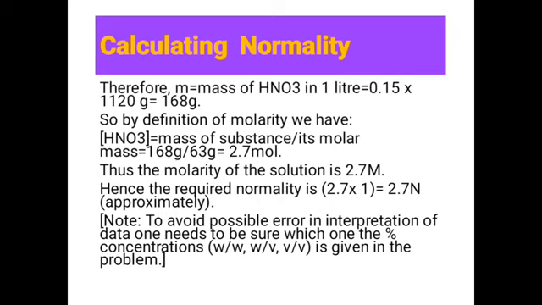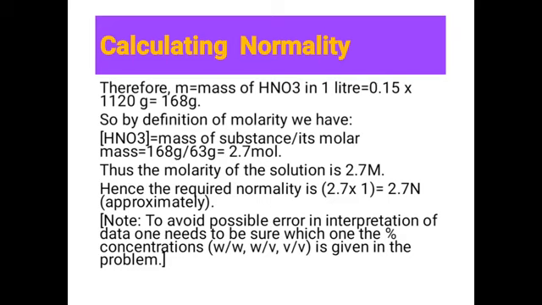Since we are using 1 liter, the molarity is equal to number of moles over volume, which is 2.7 over 1, and that's 2.7 molar. So the molarity of that solution is 2.7 molar.